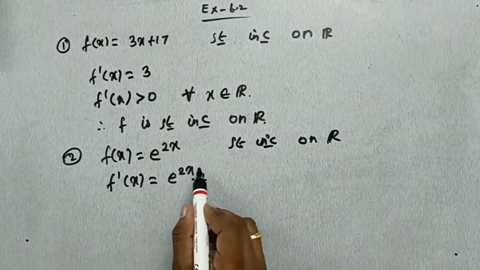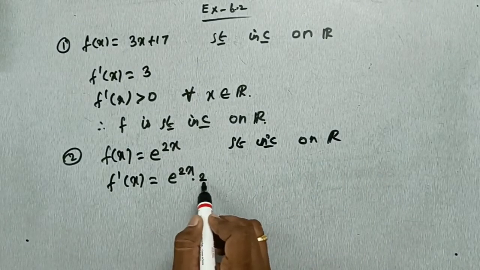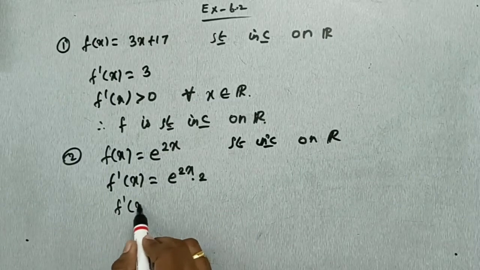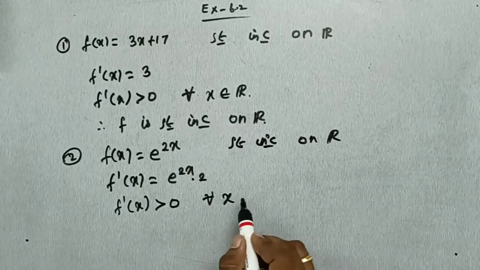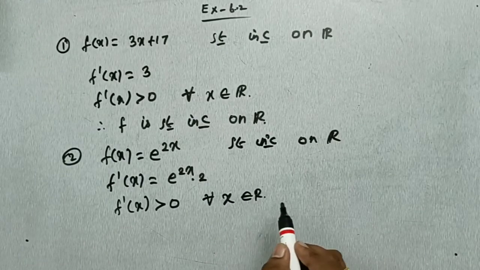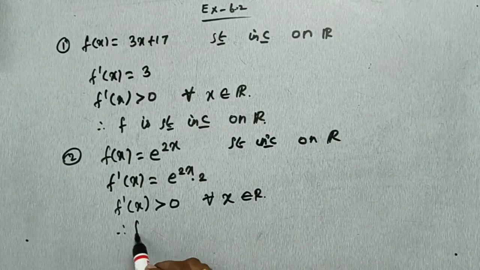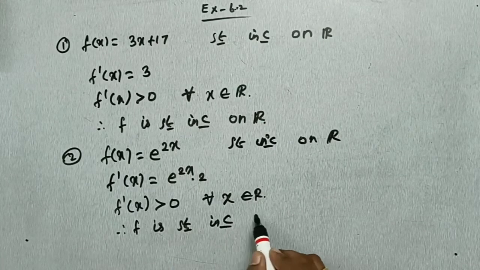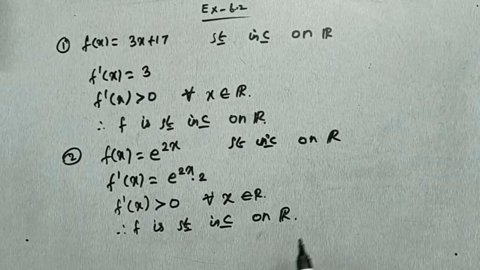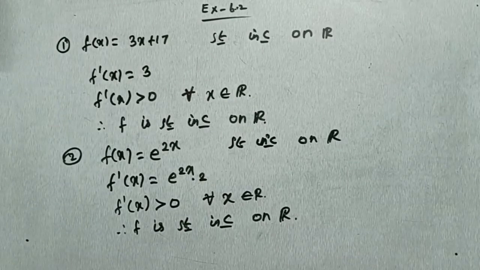We know that e power x is always positive, and 2 is always positive. So f dash of x is always greater than 0 for all x belongs to r. Therefore f is strictly increasing on the real numbers r. Clear?